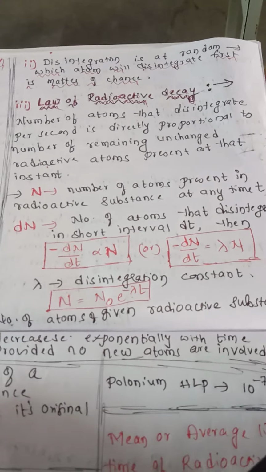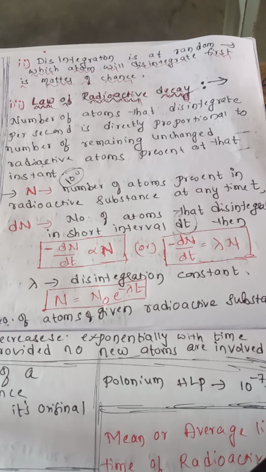The law of radioactive decay says that the number of atoms that disintegrate per second is directly proportional to the number of remaining unchanged radioactive atoms present at that time. For example, if N is the number of atoms present in a radioactive substance at any time, let it be 100. Now the atoms have started disintegrating. Let dN be the disintegration of atoms in some short interval of time dt.